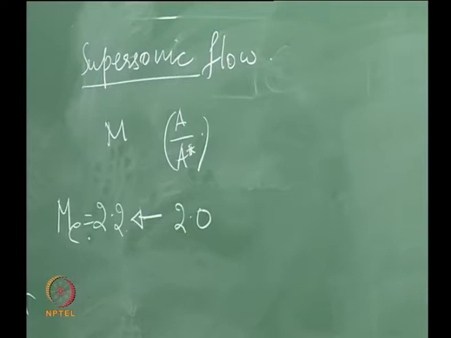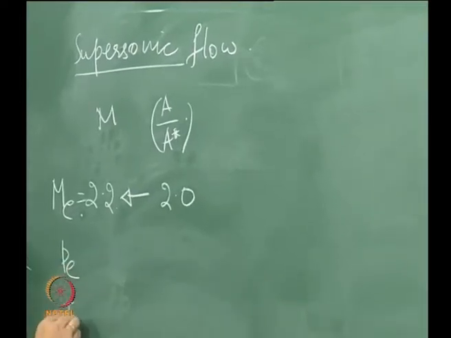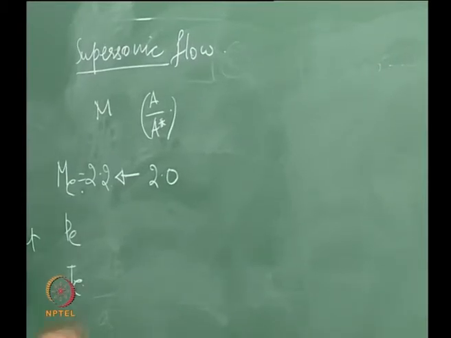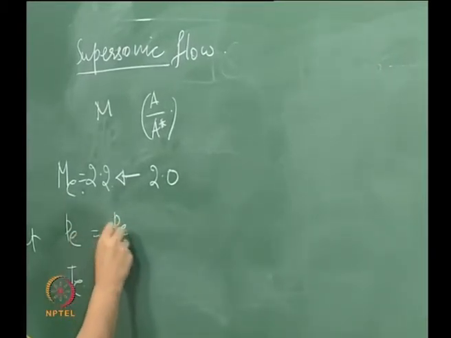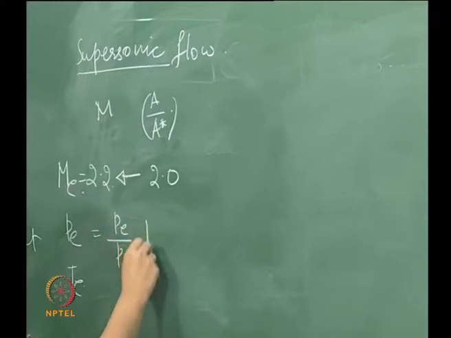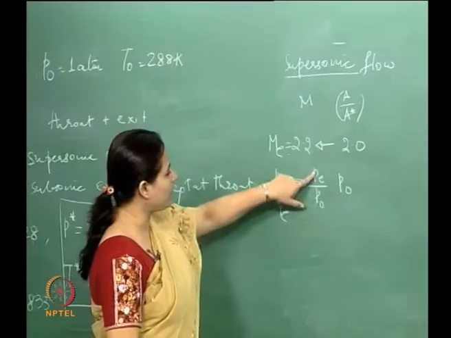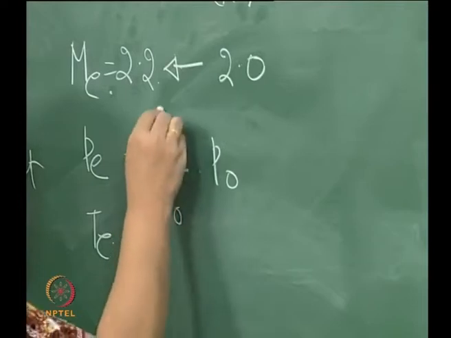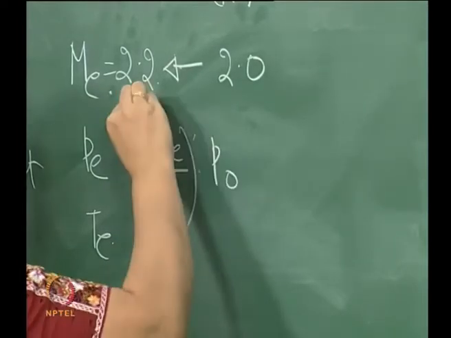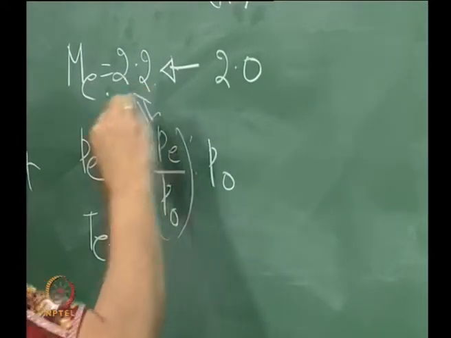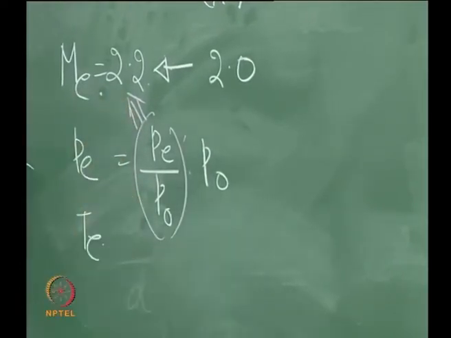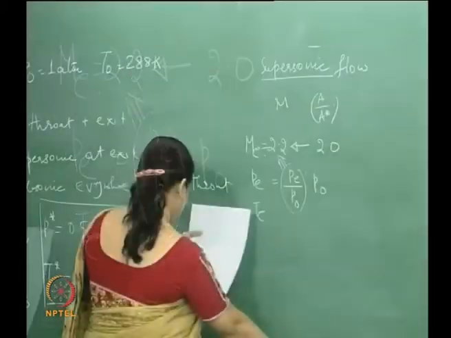What we need to now calculate is pressure at the exit and temperature at the exit. What we know are the stagnation conditions. So, we will have to calculate Pe by P naught into P naught. Pe by P naught is something that we will get again from the isentropic tables, corresponding to this Mach number.